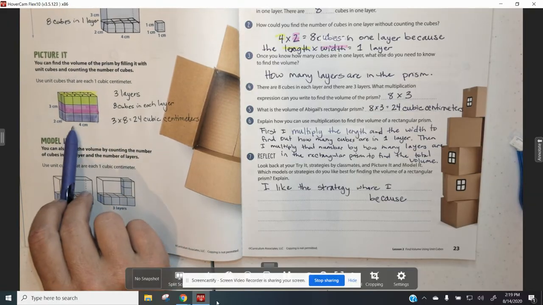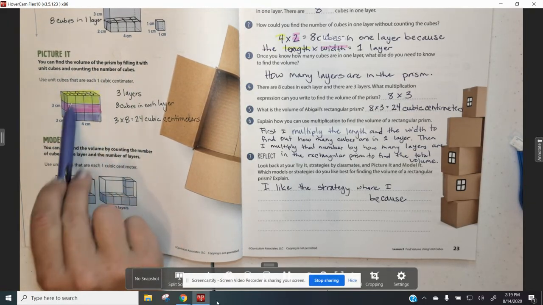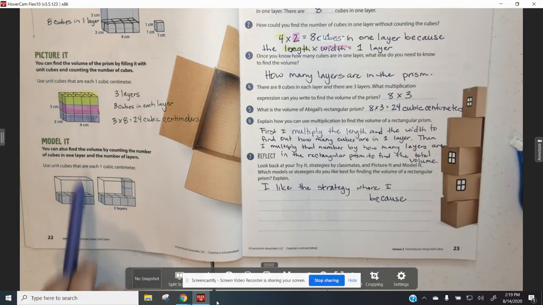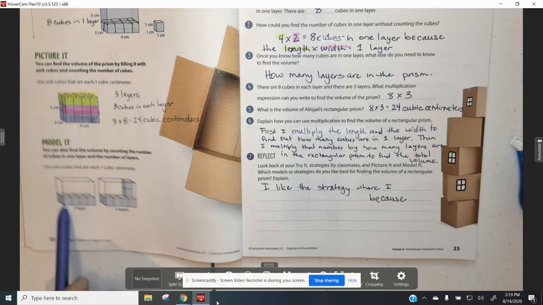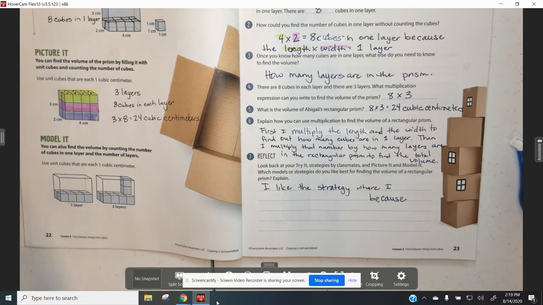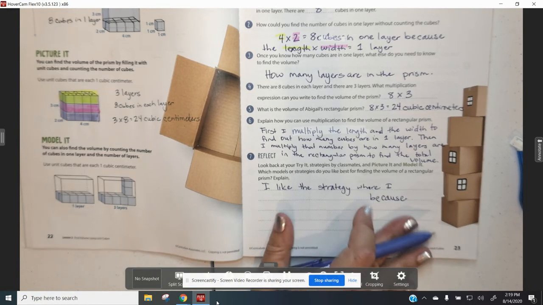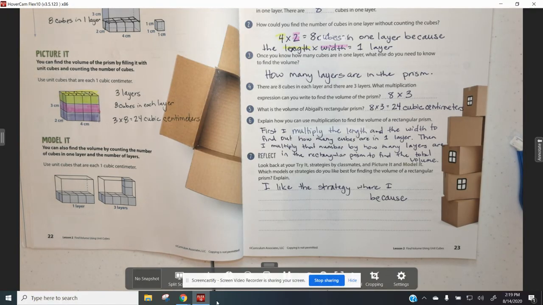Counting, do you like finding the volume by filling it with unit cubes and counting the cubes? Do you like finding out how many are in one layer and then multiplying it by how many layers? Or do you have a method that you did on your own that you prefer more than either of those methods? Share that answer on your paper on number 7.